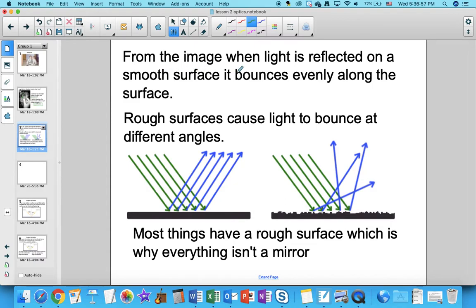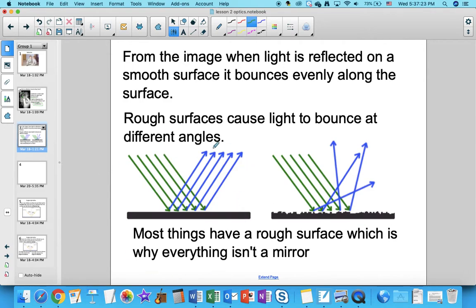So when light is reflected on a smooth surface, it bounces evenly along the surface. If the surface is smooth, like we see in this picture, light is going to bounce evenly, meaning that if this is reflecting at a 45-degree angle, all the light reflections will bounce at a 45-degree angle.